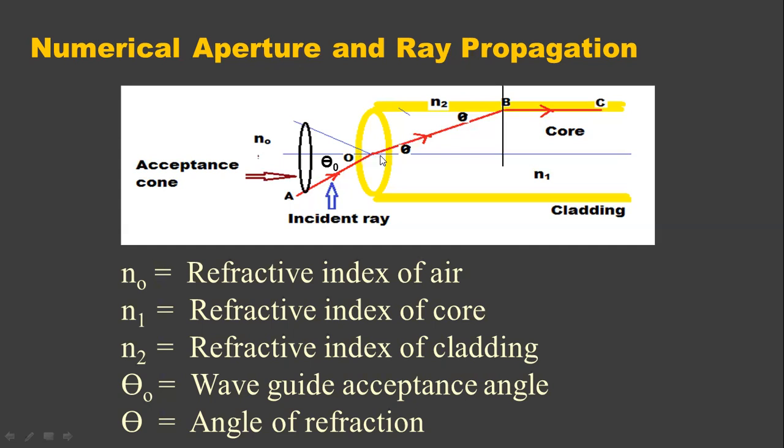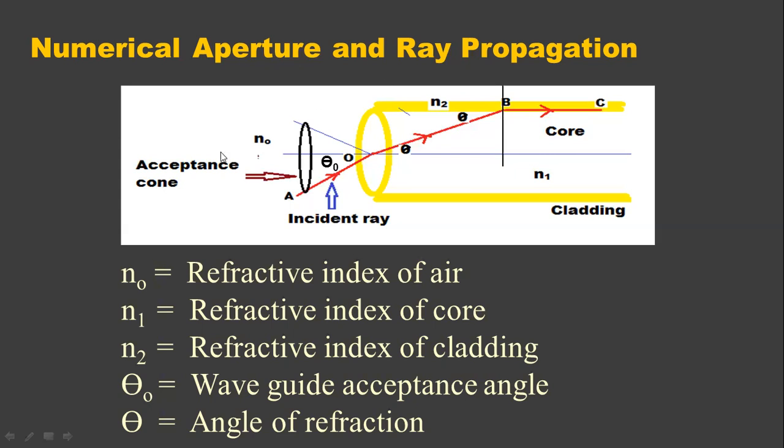That means they will undergo total internal reflection and propagate a long distance at a minimum loss.